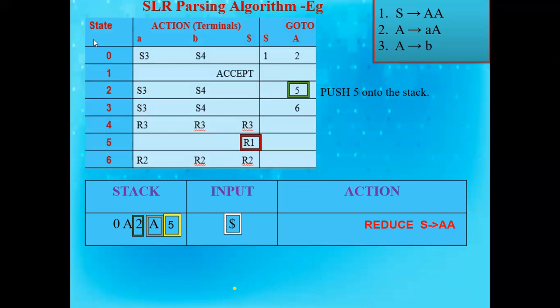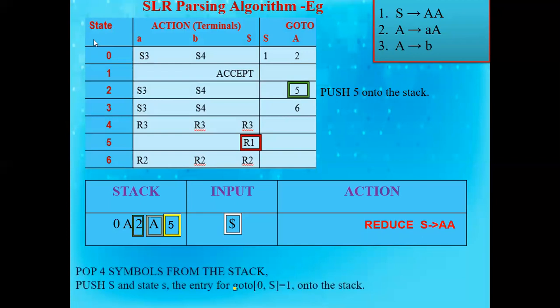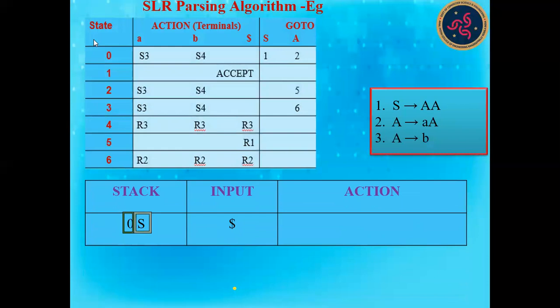Again I need to push one more thing, a number: if we consider 0 and S, goto 0S is the number 1. So the number 1 can be pushed onto the stack.